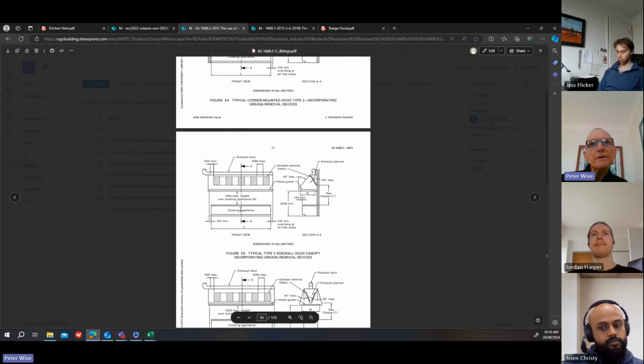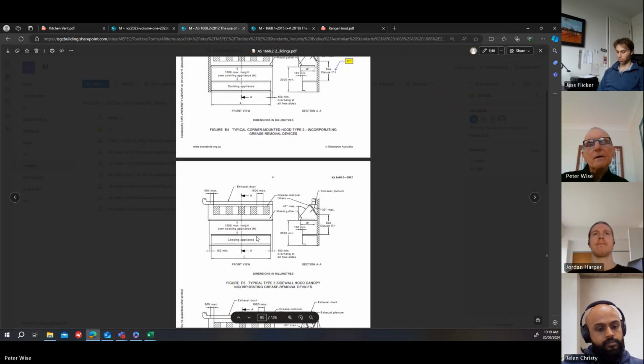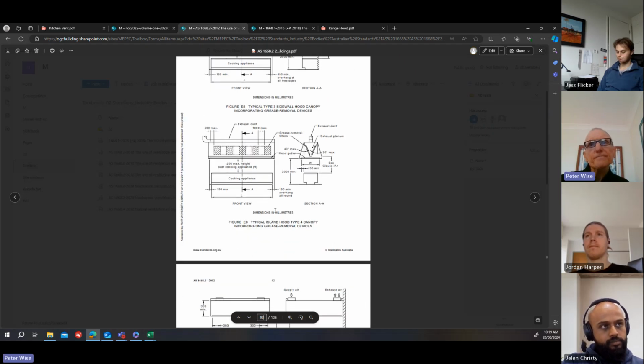And then type 3 is basically the same type of exhaust hood, but there's no wall on the side, so it's in the middle of a wall. Type 4 is an island style where it's in the middle of a room, which is quite common in commercial kitchens, and you may have cooking equipment on both sides.